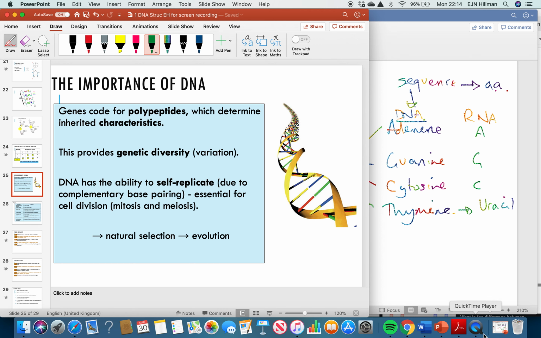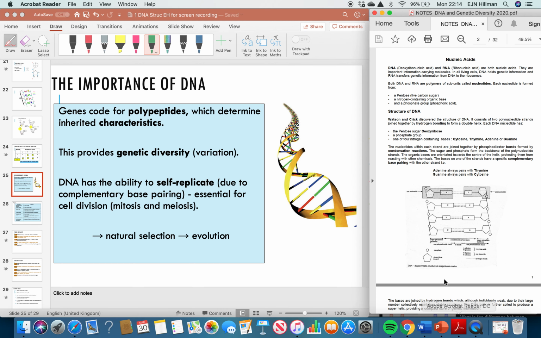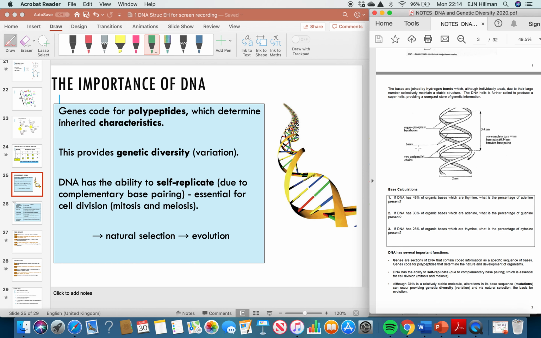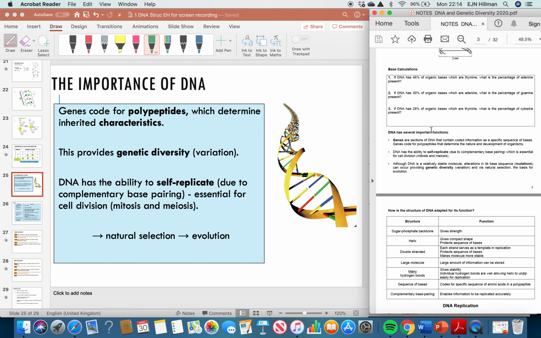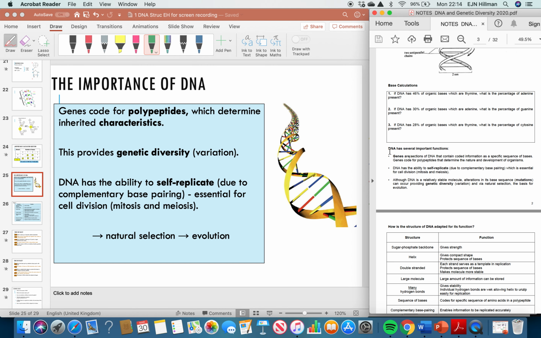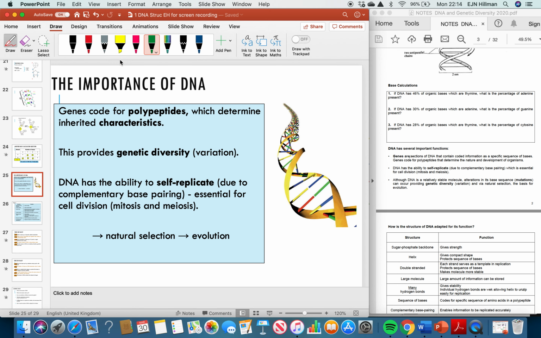Okay. So the importance of DNA. There are some important functions of DNA. One of them we've mentioned already.